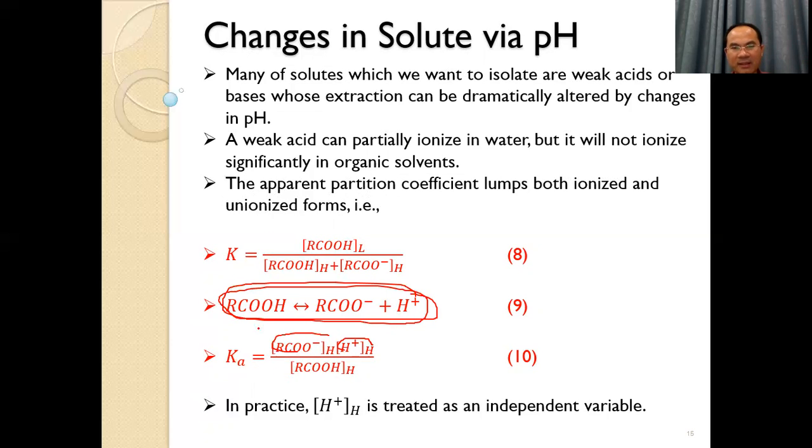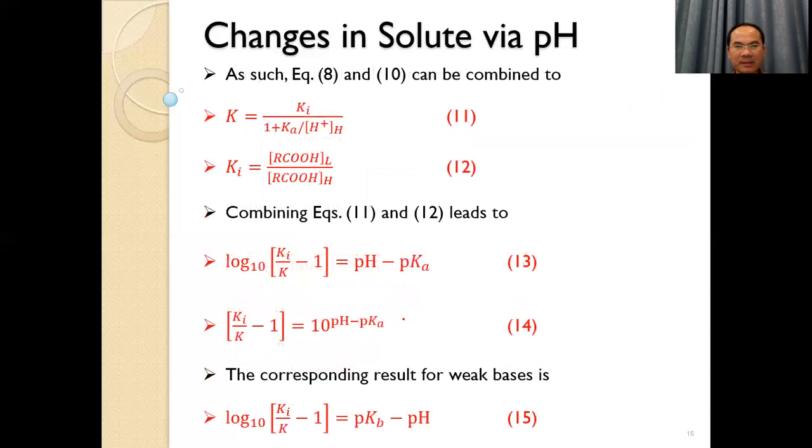This is the Ka. This is the K value. In practice, the hydrogen ion of the heavy phase is treated as the independent variable for that case. The subscript S means the heavy phase, I mean our system of weak acid, something like a water system for that case.